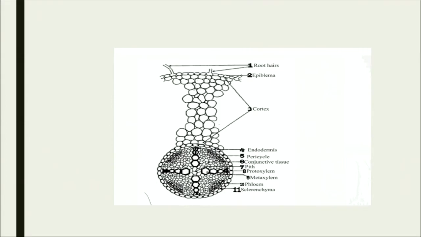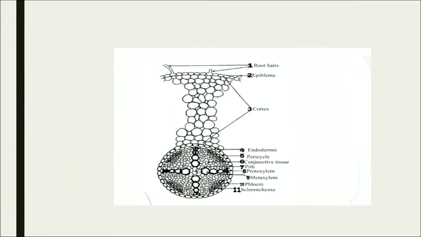Now the main conduction of water will happen through the tissues called xylem and phloem. So xylem is responsible for movement of water and phloem is responsible for movement of food items or the nutrients.